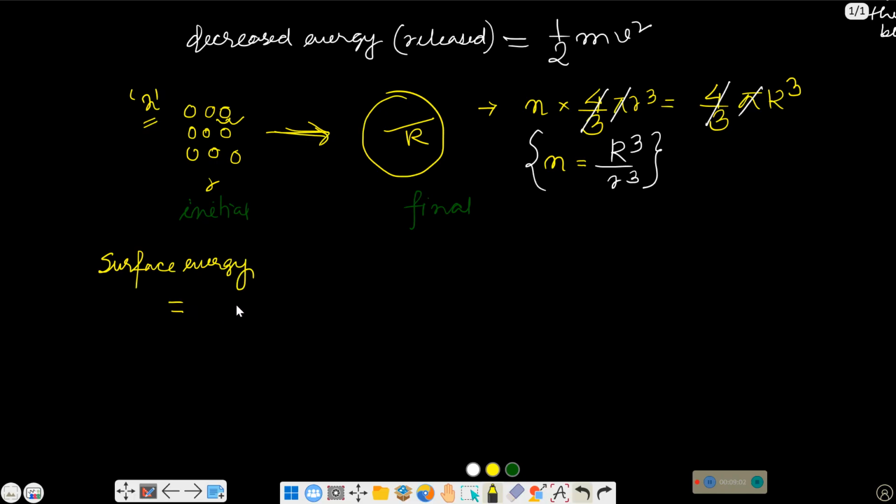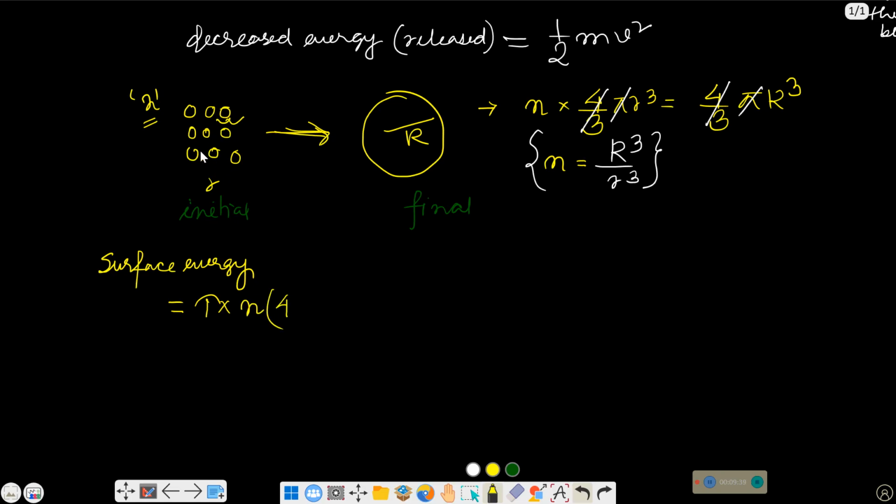As we all know, surface energy is defined as the total surface energy of the surface per unit area, and that is also equal to the surface tension. So if we multiply the surface energy with the surface area of these droplets, then we will get the total surface energy. Now, since surface energy is equal to surface tension, and the surface tension is given as T, we will multiply this surface tension T with the surface area.